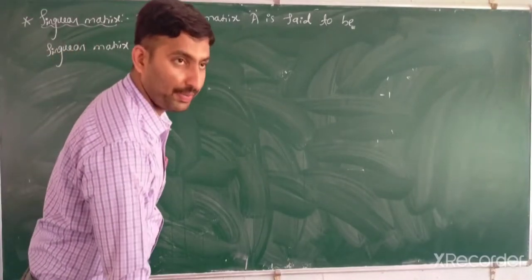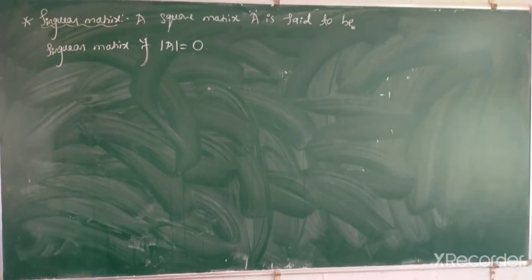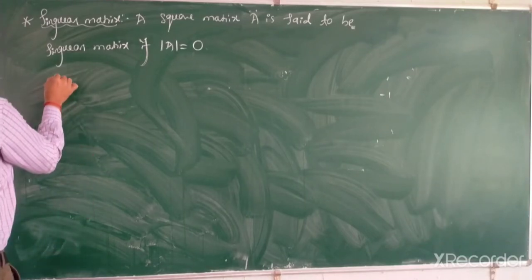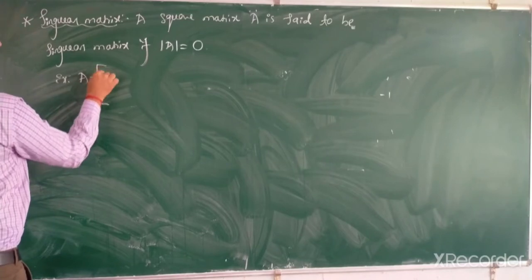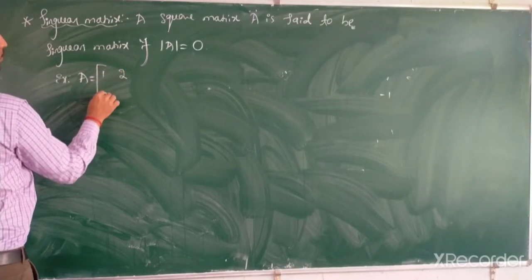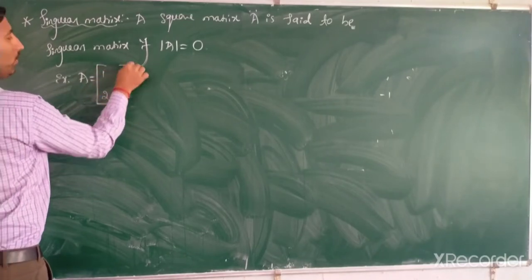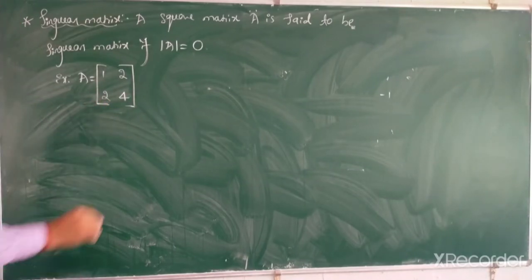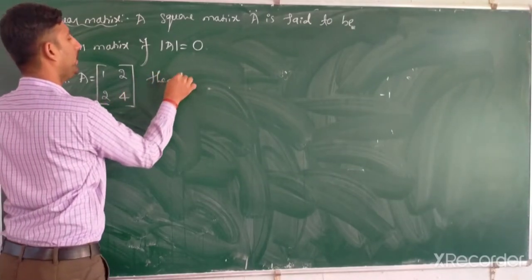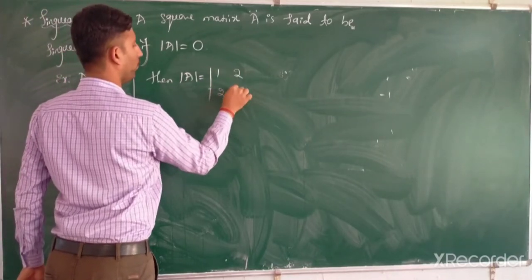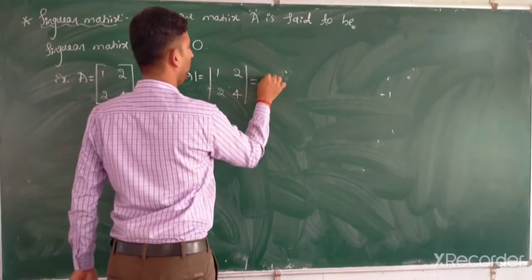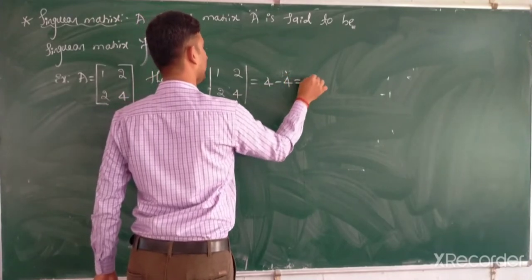A square matrix capital A is said to be a singular matrix if determinant of A is equal to 0. For example, A is equal to 1 2 2 4. Then determinant of A is the determinant of 1 2 2 4, which is nothing but 4 minus 4, which is 0.